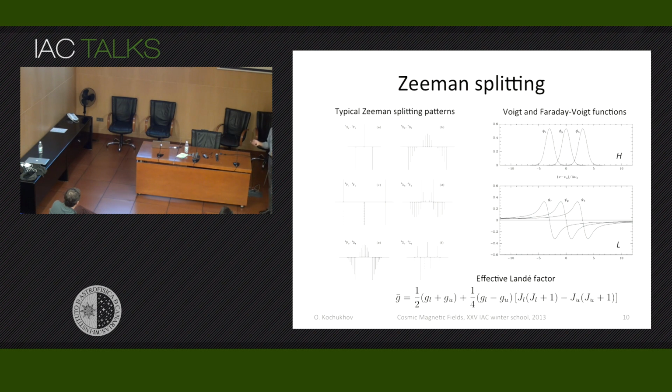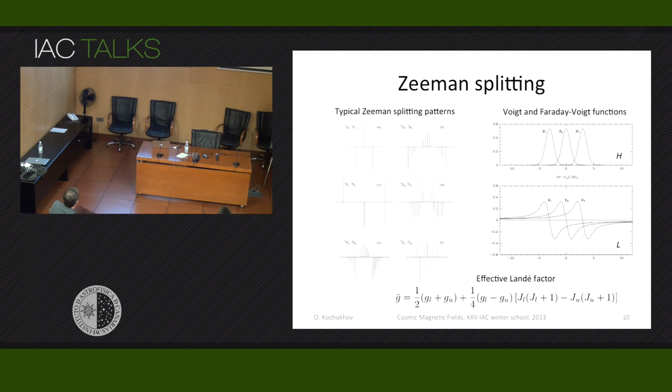So this number gives a rough estimate of the magnetic sensitivity of a spectral line. For actual spectral lines, at least in the optical wavelength range, it varies from, say, 0 to about 3. And most lines have 1.2 with little scatter.